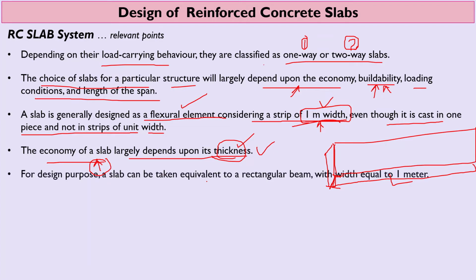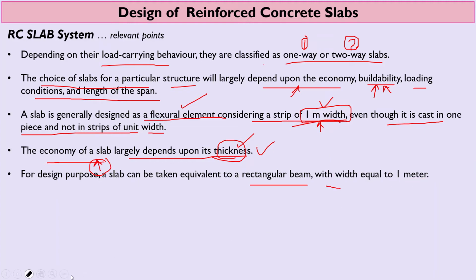So the prime factor in a slab is thickness, one of the important factors we have to take into consideration. Now, for design purposes, a slab can be taken as equivalent to a rectangular beam, as I have already explained. You can design it just like a singly reinforced beam, but what changes here is the width.